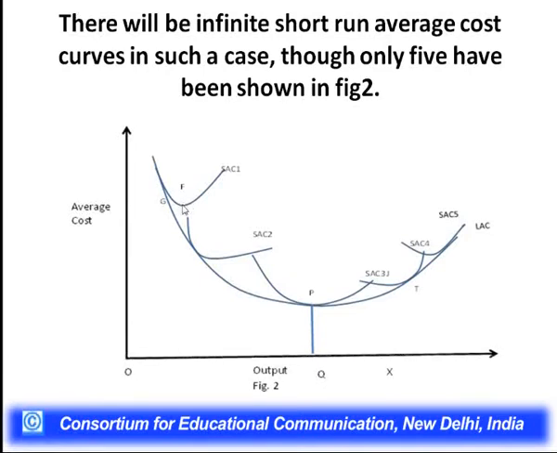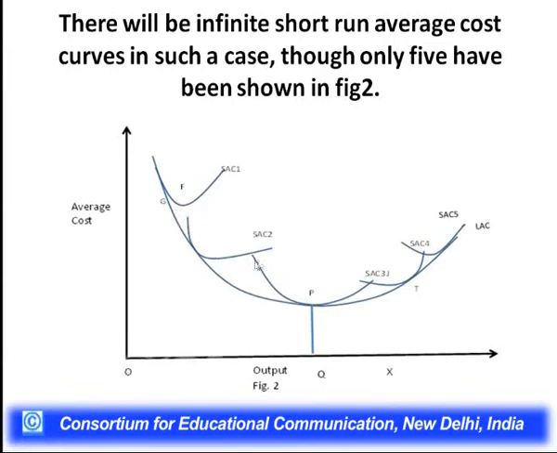Where there is efficient utilization but cost is more, when it can have another plant which will give less cost. So after G it goes on to another SAC. We have shown here 5 SACs while there may be infinite SACs.